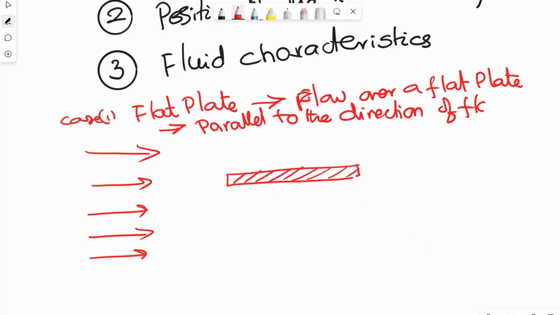This is how it is kept. Let us say this is a velocity v. What will happen? Only parallel to it.